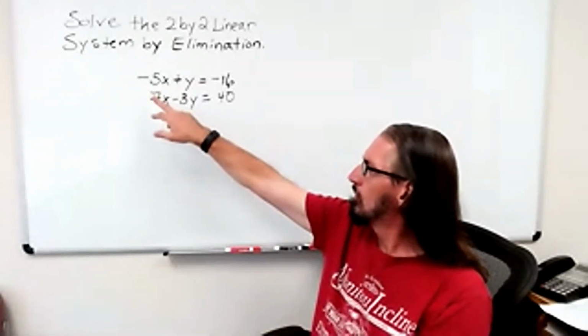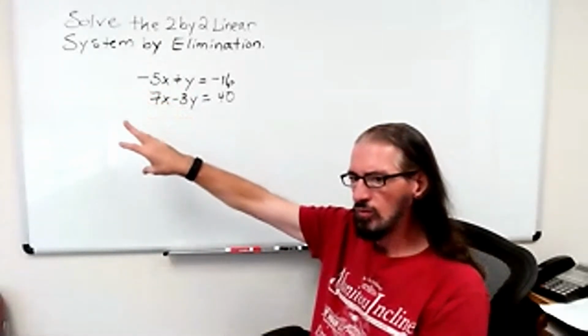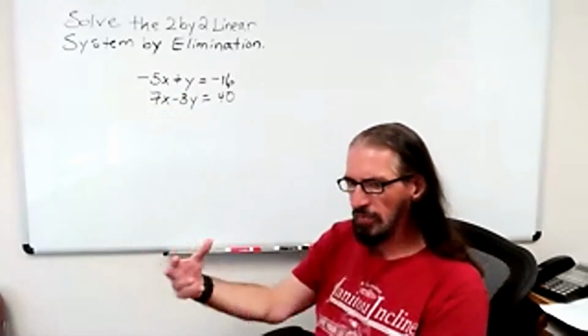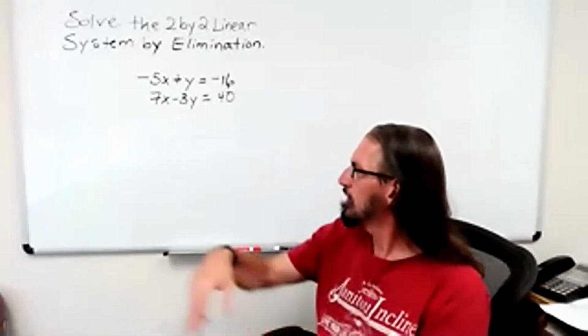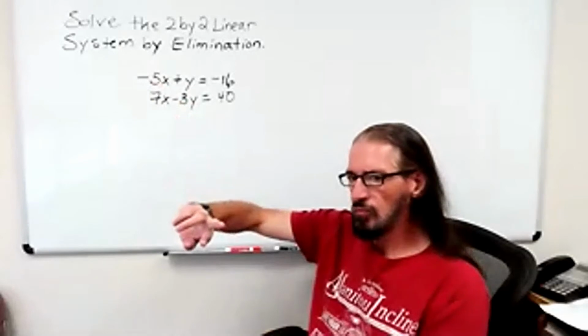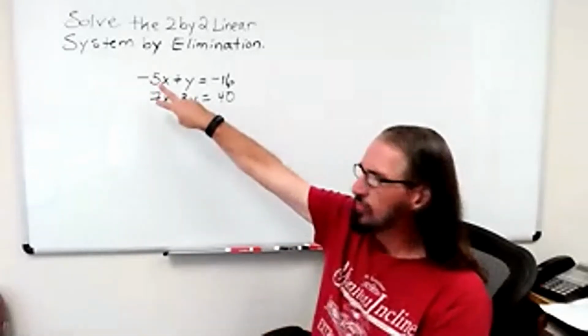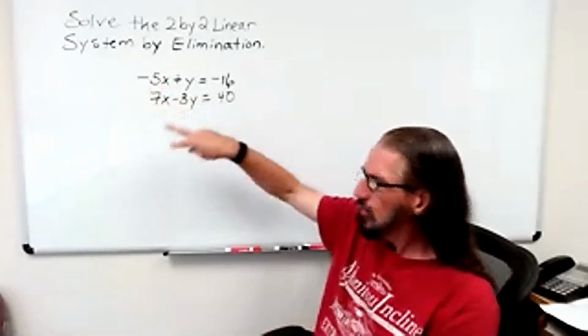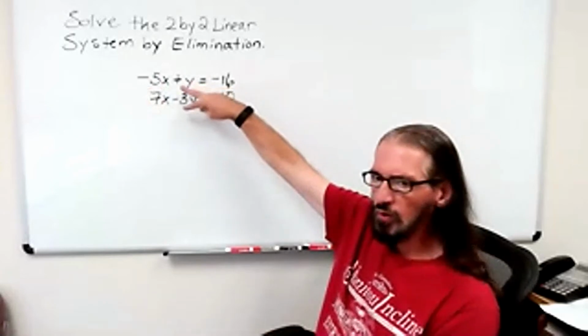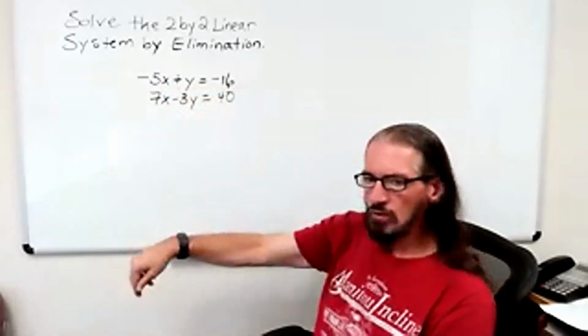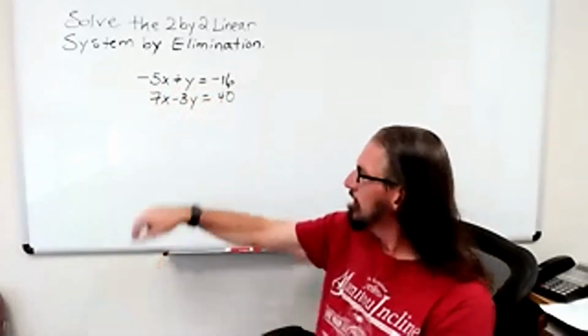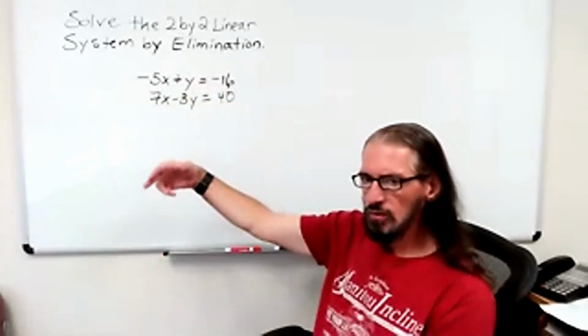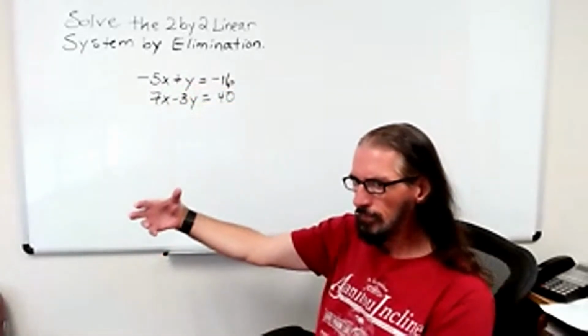If I think about which one is going to be easier to multiply by something to get that, then ignoring the signs for a moment, think about the least common multiple of 5 and 7 versus the least common multiple of 1 and 3. The first one is 35. The second one is 3. 3 is a smaller number.